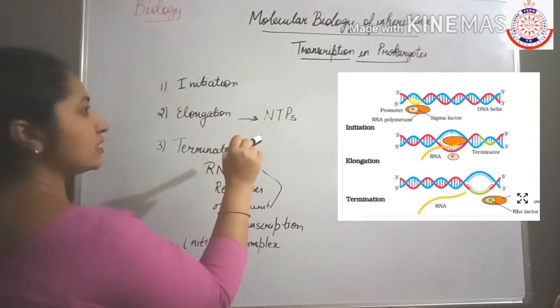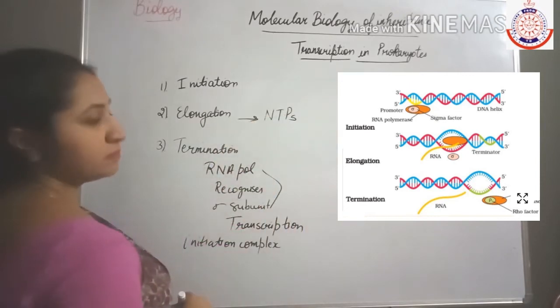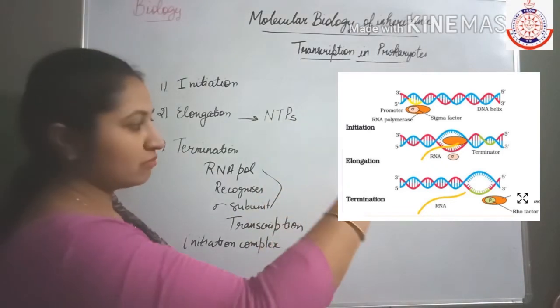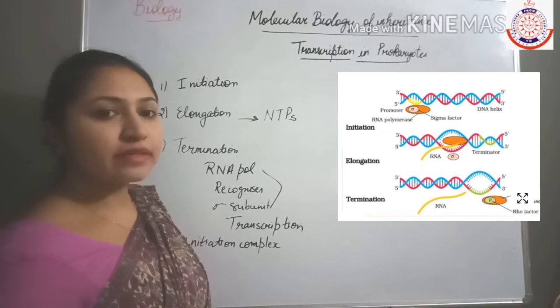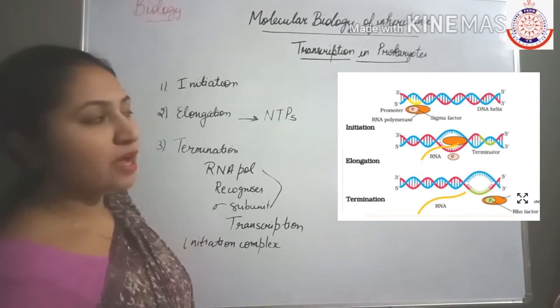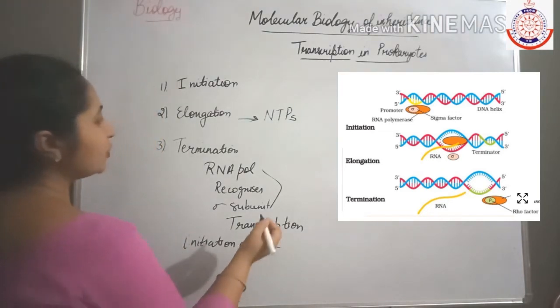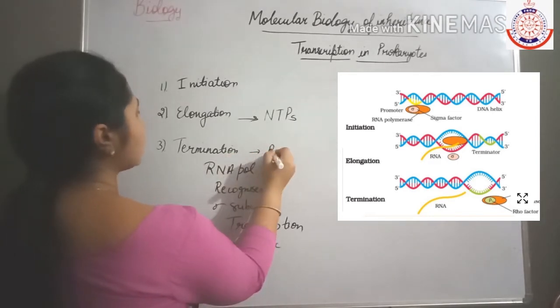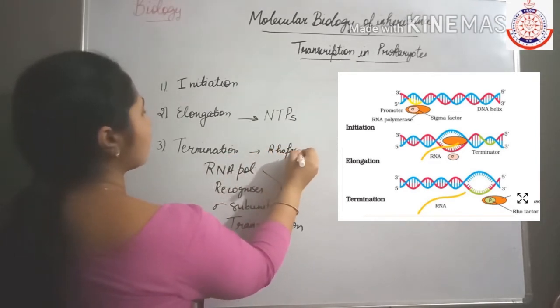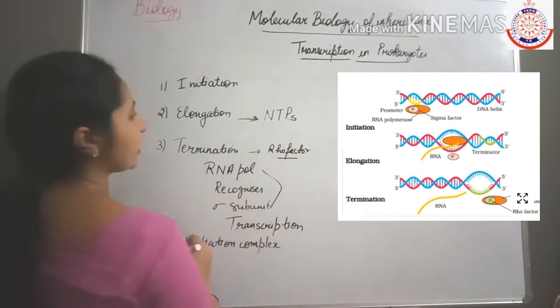And when this RNA polymerase goes to the termination sequence, then the rho factors which are present in the cytoplasm will bind with the terminator region, and the rho factors are responsible for the termination process.